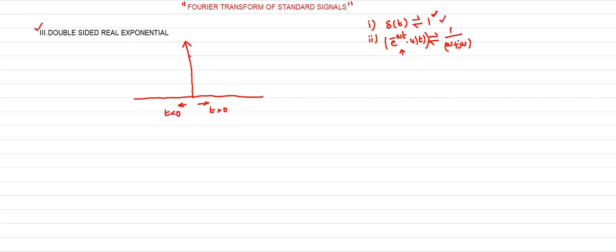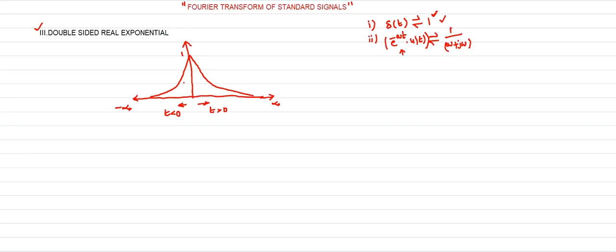It starts at 1 and with increase in time it decreases in magnitude, and finally the signal converges. On the negative real axis side also it decreases with increase in time and finally reaches the 0 value. That is the meaning of convergence.